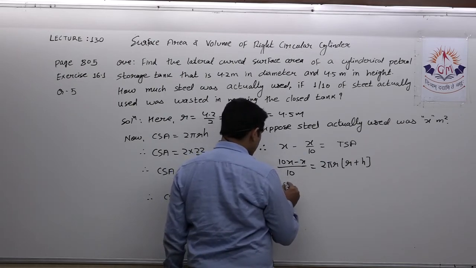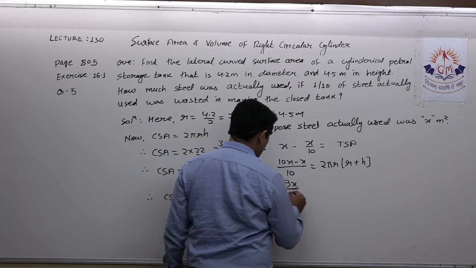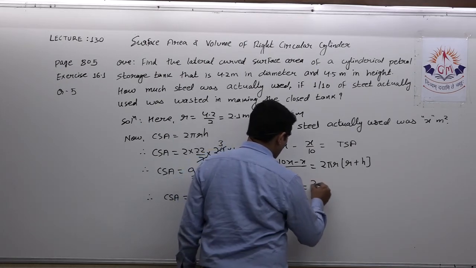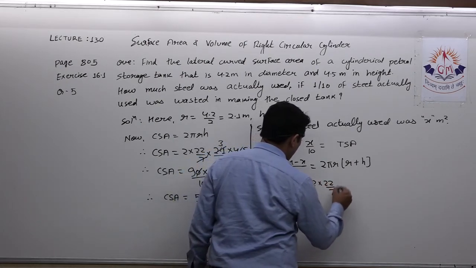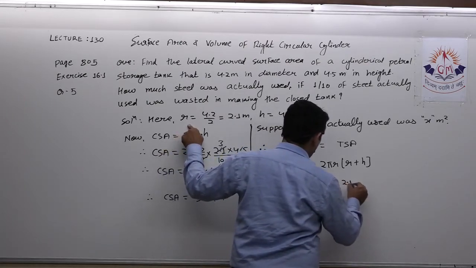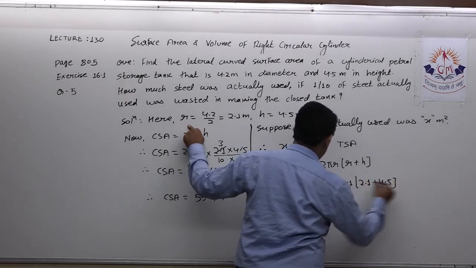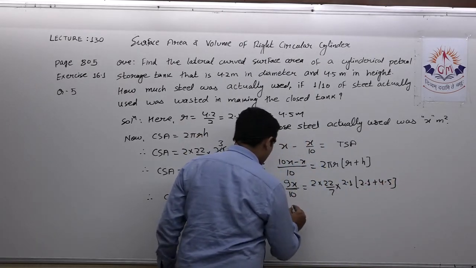So 9x upon 10 is equal to 2 into 22 upon 7 into r, that is 2.1, into 2.1 plus 4.5. So here we have to find the value of x.